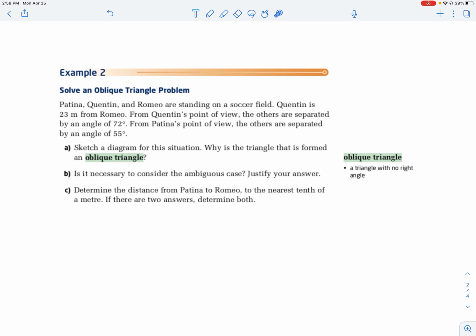So before we get started, I am going to talk a little bit about the ambiguous case, because one of the questions here in part B asks us to check for the ambiguous case. The ambiguous case occurs when two sides and an uncontained angle are given.